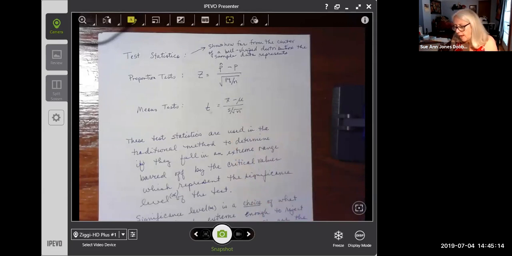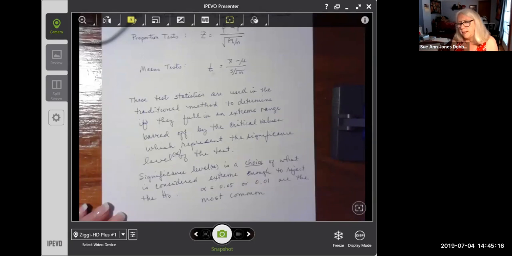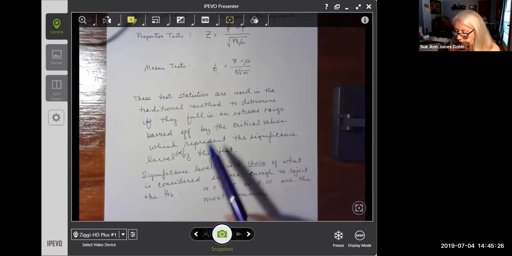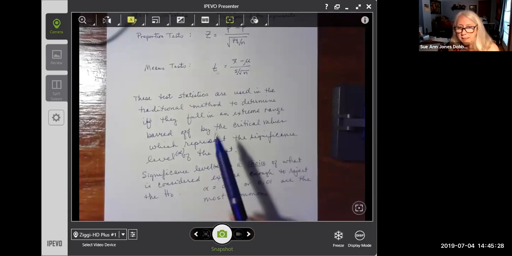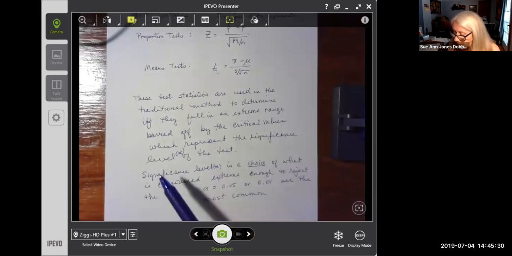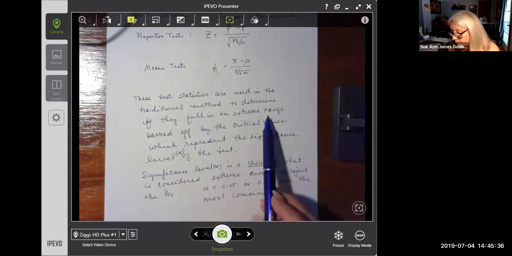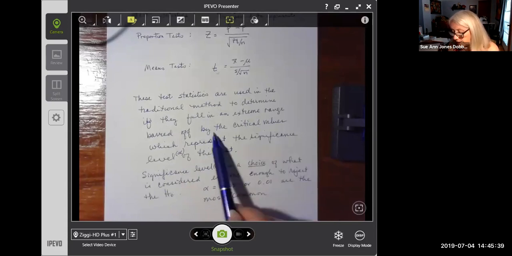So there are actually two ways to do a hypothesis test. And the traditional way literally uses the significance level and the value of the test statistic to determine whether the test statistic falls into a range that is barred off by the critical value, which represents the significance level.